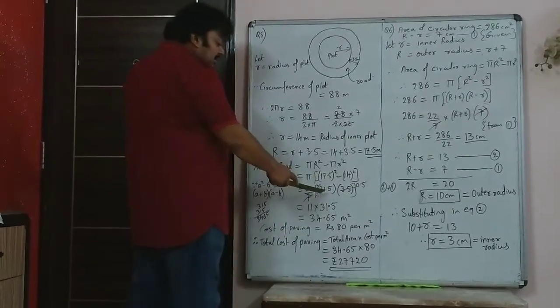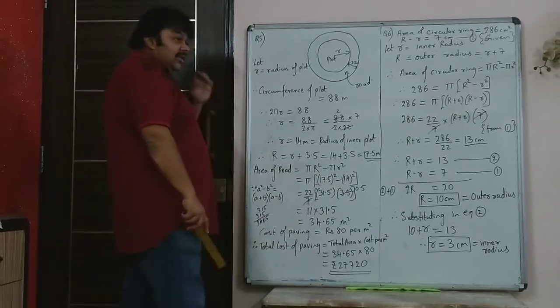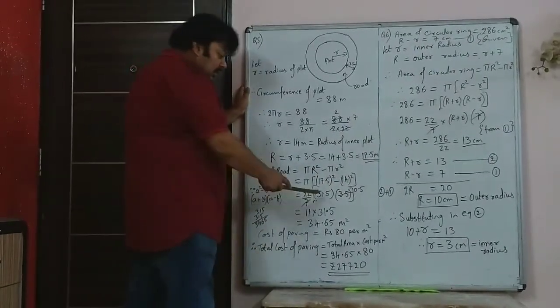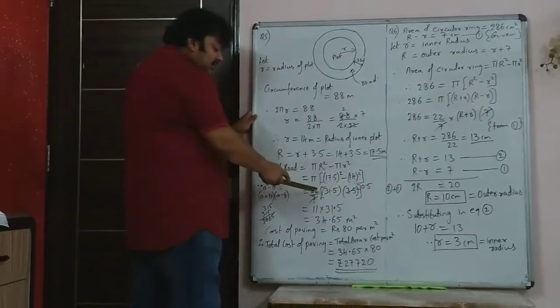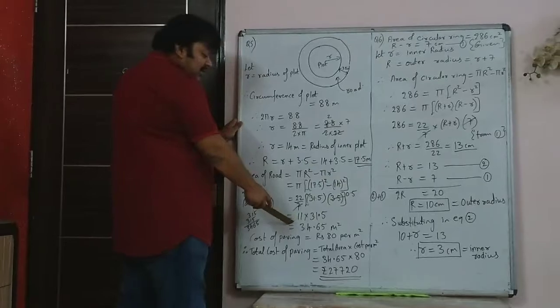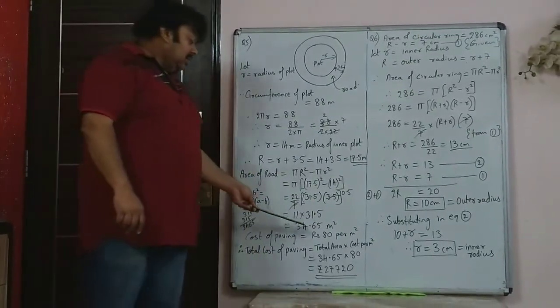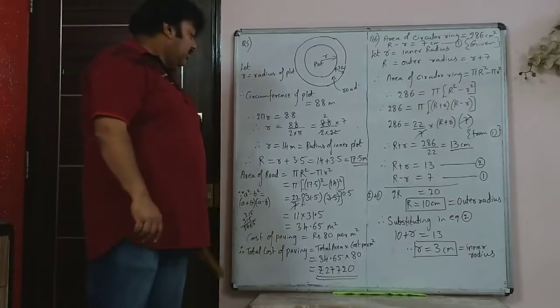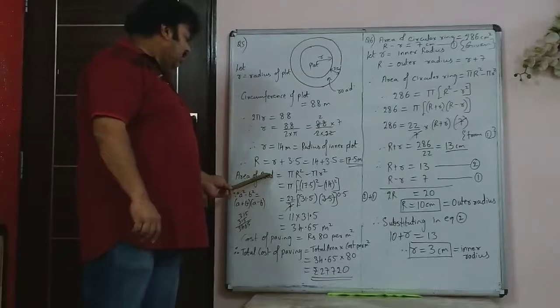So 31.5 when you add and 3.5 when it is capital R minus small r. So when you divide 7 by 3.5 it is 0.5. So 22 into 0.5 is 11. 11 into 31.5. So you get 346.5 meters squared as the area of the road.